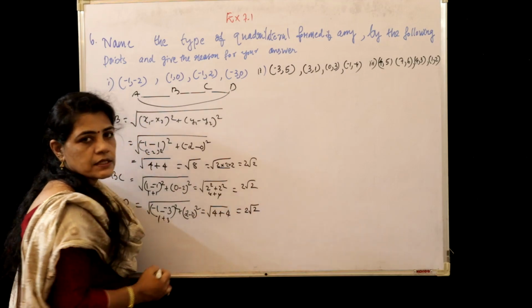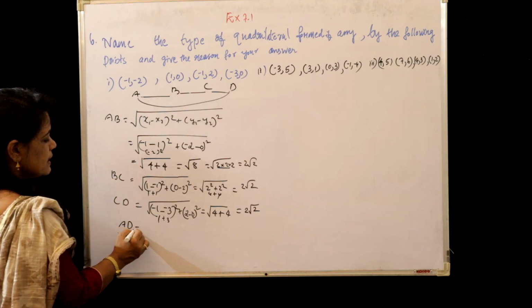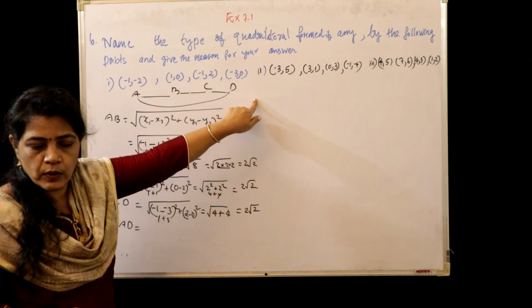2 root 2 units. And now next comes AD. AB, BC, CD, next comes AD. This is x1 y1, this is x2 y2.